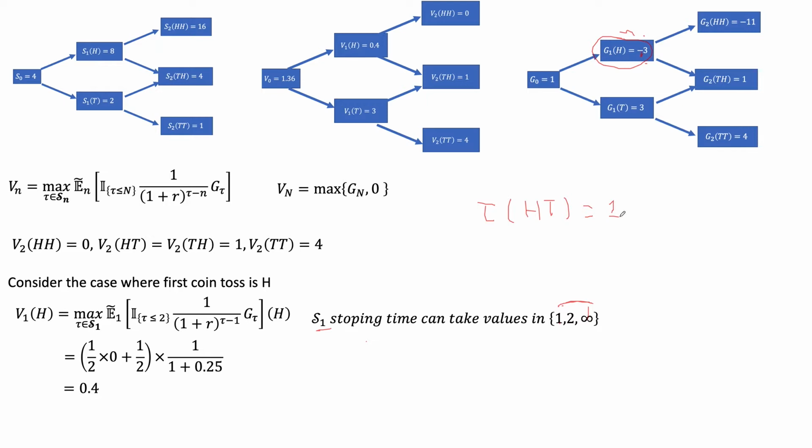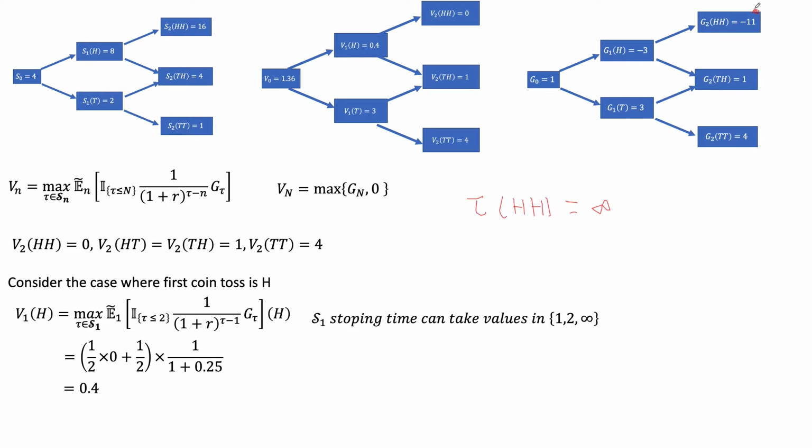We cannot say that we want to exercise at time 1 because it's negative. So the best strategy is, if we're standing here and the next coin toss is a head, -11, don't exercise. So tau THH, we want this to be plus infinity. We don't want to exercise and lose $11 if we get another head.